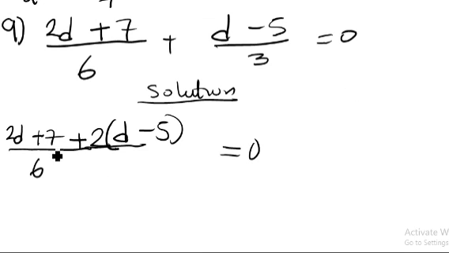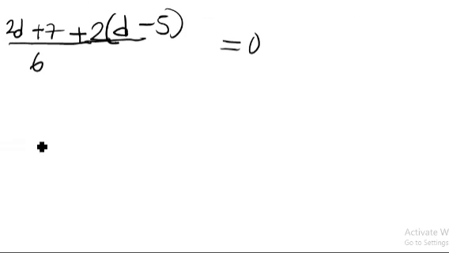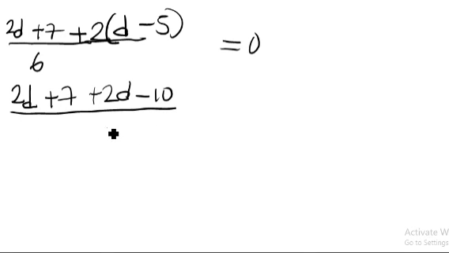So we'll have 2d plus 7, plus 2 multiplying d is 2d, 2 multiplying 5 is minus 10, all over 6 equal to 0. 2d plus 2d will give you 4d. 7 minus 10 will give you minus 3.